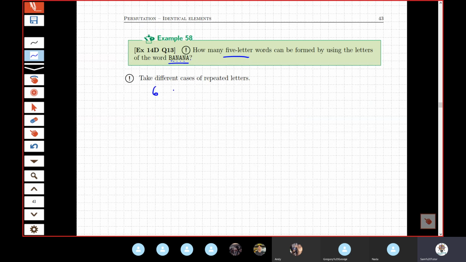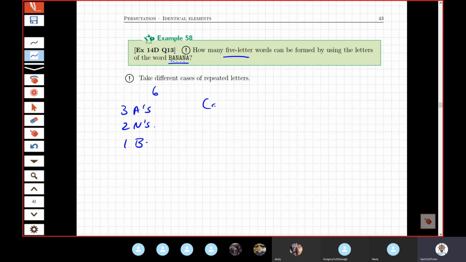You've got 6 letters, and you want only a 5-letter word. The reason why I'm looking at you like that is you've got 3 A's, you've got 2 N's, and then you've got 1 B. So you can get a 5-letter word.